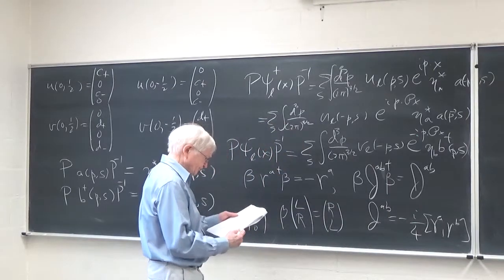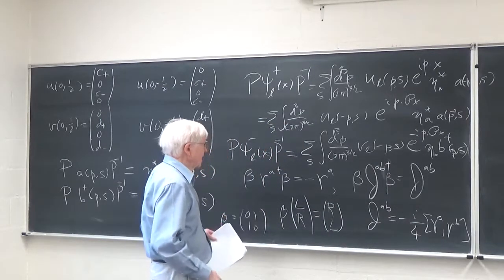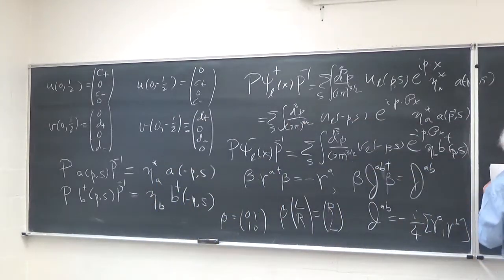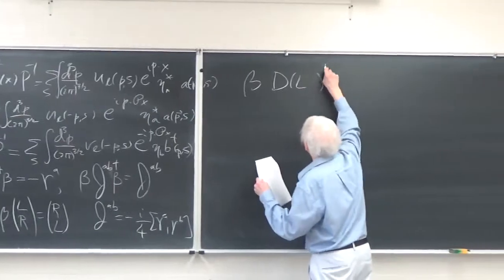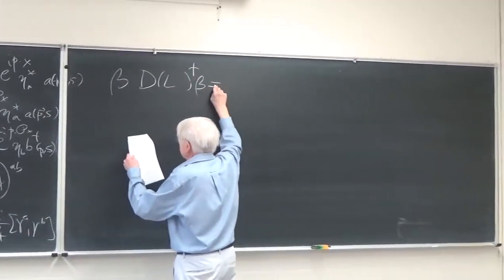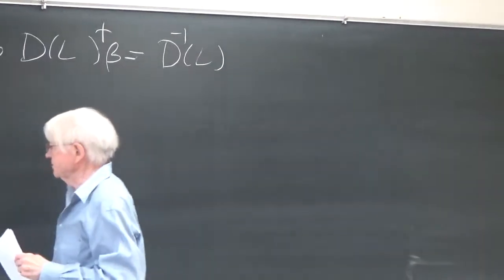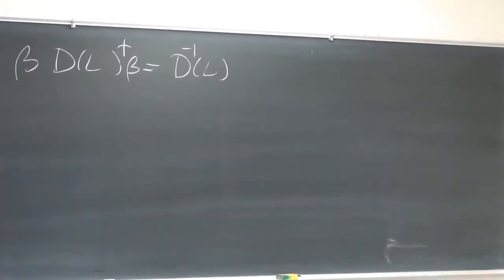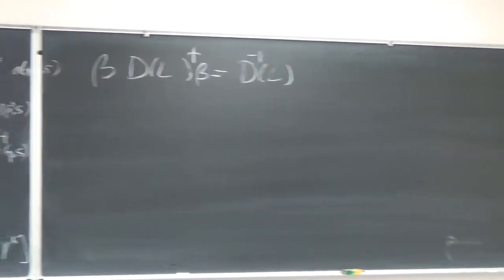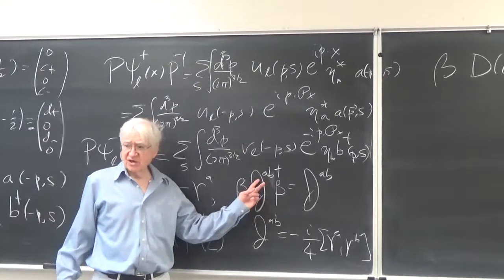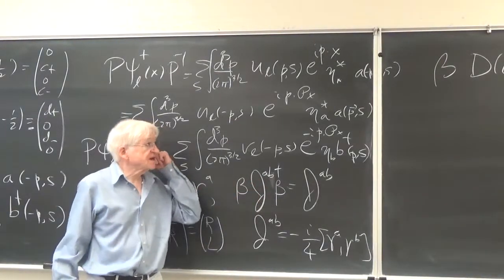Okay, so because of this, we also have the beta D of L. So D of L, of course, with a dagger beta is going to be D of L inverse. Now, what's this D of L? Well, the D of L is going to be something made from the J's, because these are the generators of Lorentz transformations.